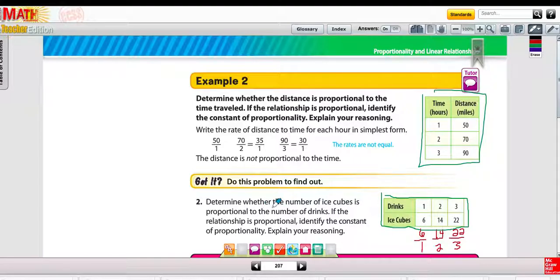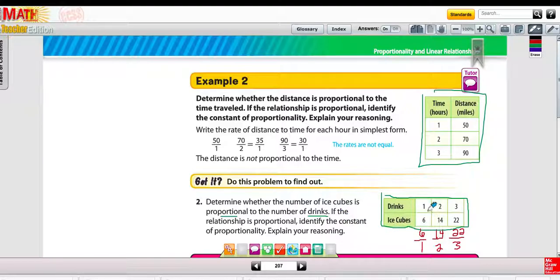But in this case, is the number of ice cubes proportional to the number of drinks? Unless someone's counting out ice cubes and making sure every drink has the same number, it's probably not going to be exactly proportional. There might be a relationship, but it's not a proportional one.